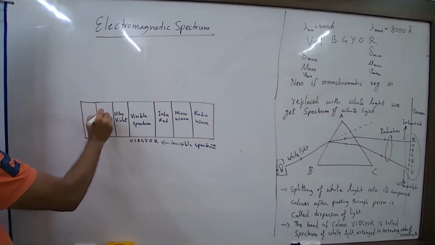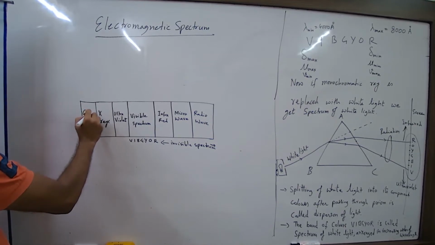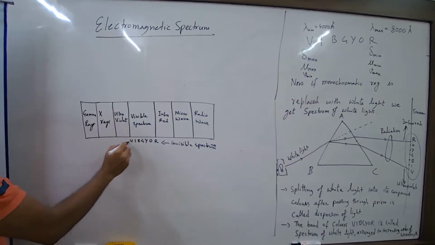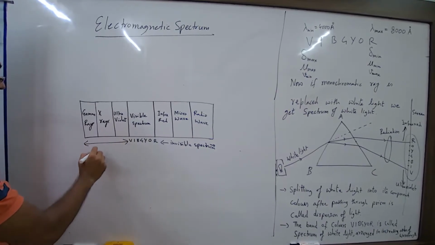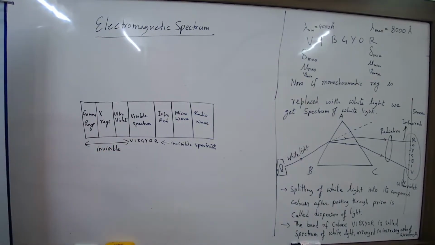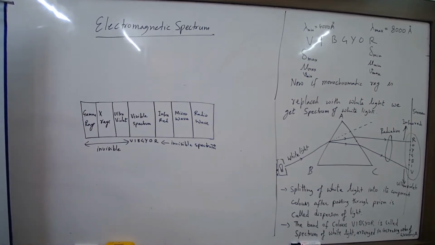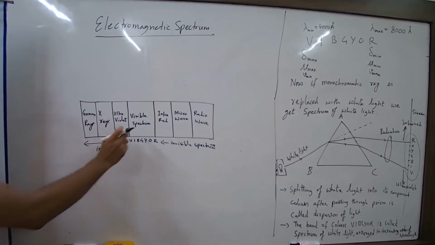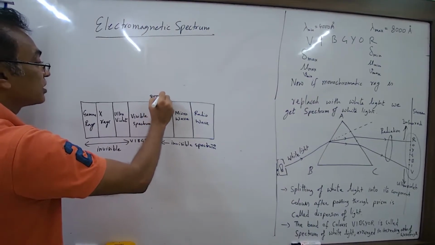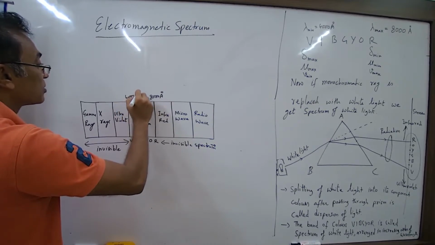Beyond this is X-rays, then you have gamma rays. Again, all these rays are invisible. What you have to know is only these names, nothing else. For this you have to know the wavelength values: for red it is 8000 angstrom and for violet it is 4000 angstrom.